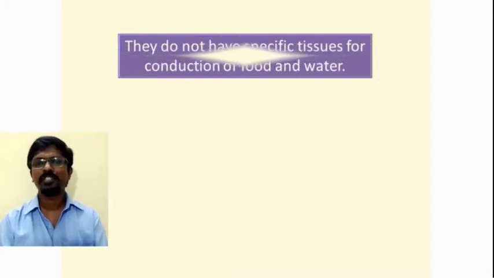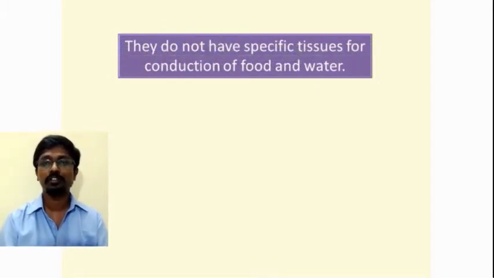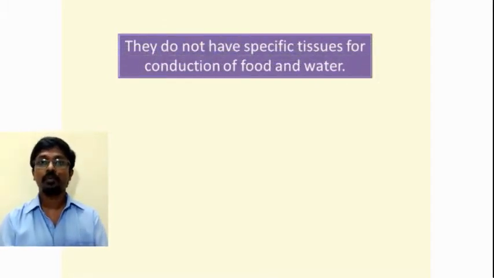They do not have specific tissues for conduction of water and food. Now we saw that the previous division, that is the division of thallophytes, also does not have specific tissues for conduction of water and food. Now if they don't have that feature, why are we focusing on it?